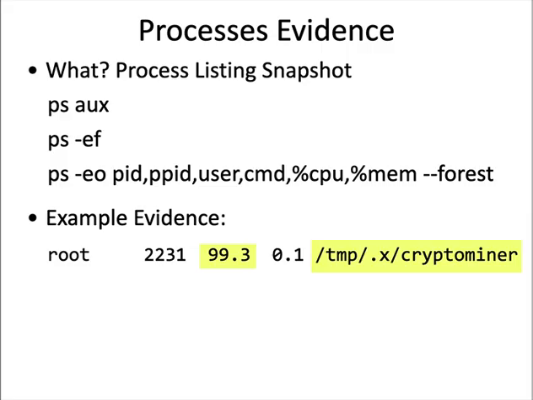And on top of that, it's running out of a hidden directory, .x, in /tmp. So it's running somewhere where everybody has full access to write, and then trying to hide the directory that the crypto miner is running in. And the other thing is it's running as root, which is elevated rights. So that could be another sign that something is suspicious.